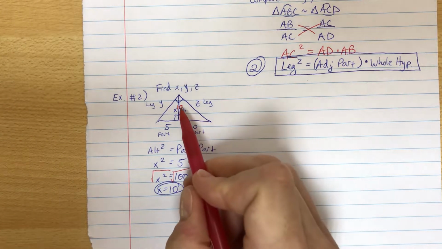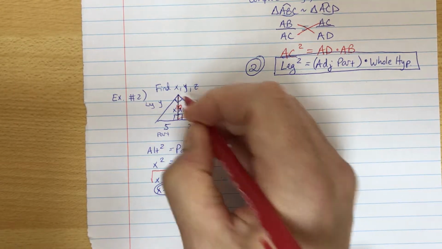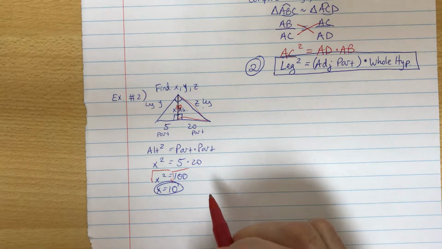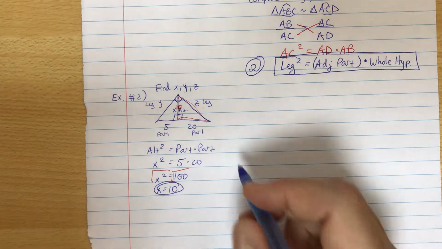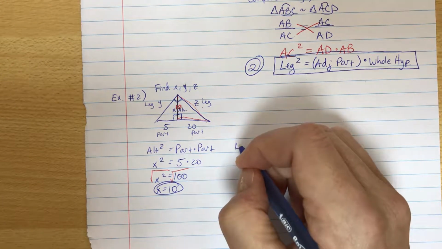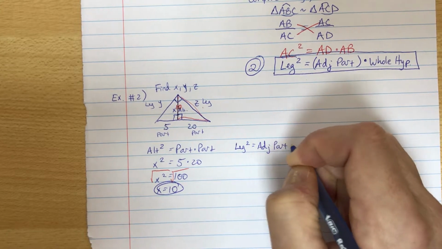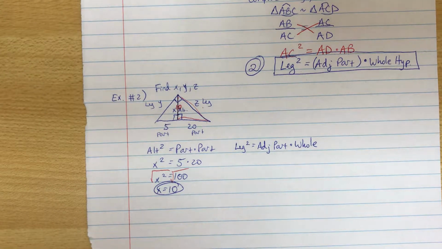Because we now know the altitude, in this right triangle here, you could do a squared plus b squared equals c squared. You could use the Pythagorean theorem. Now, I'm going to show you that I think it's actually easier to go with leg squared equals the adjacent part times the whole hypotenuse.